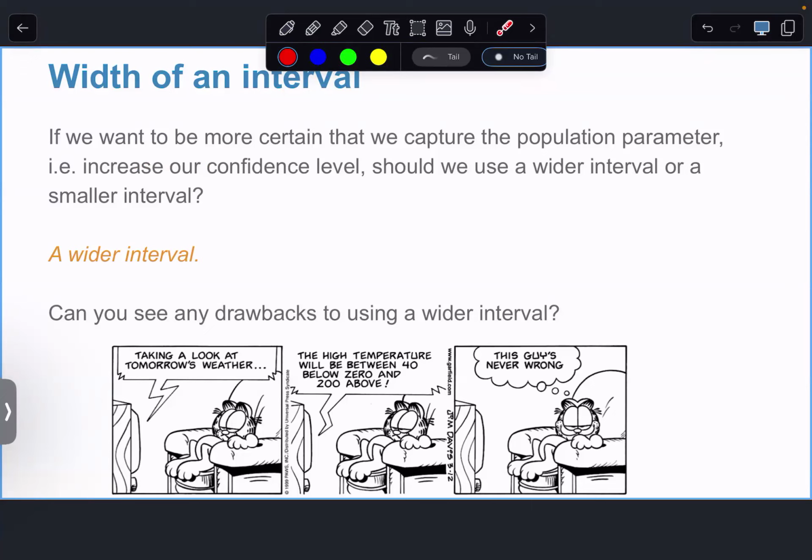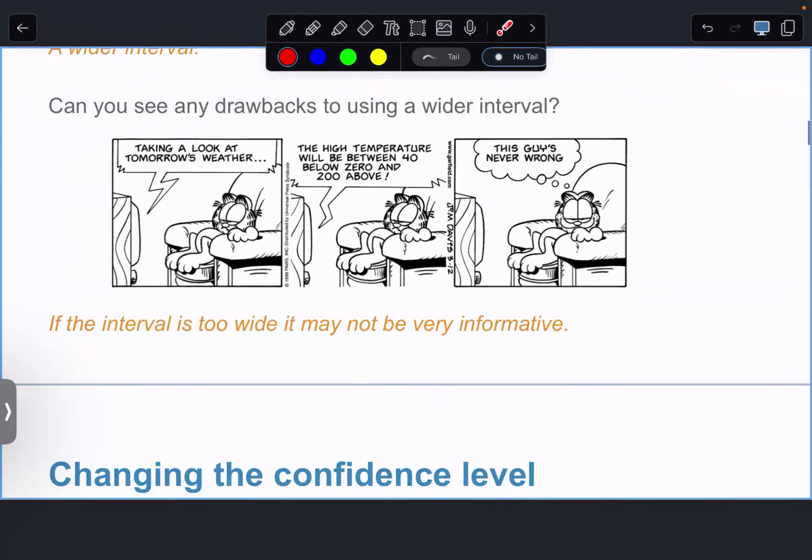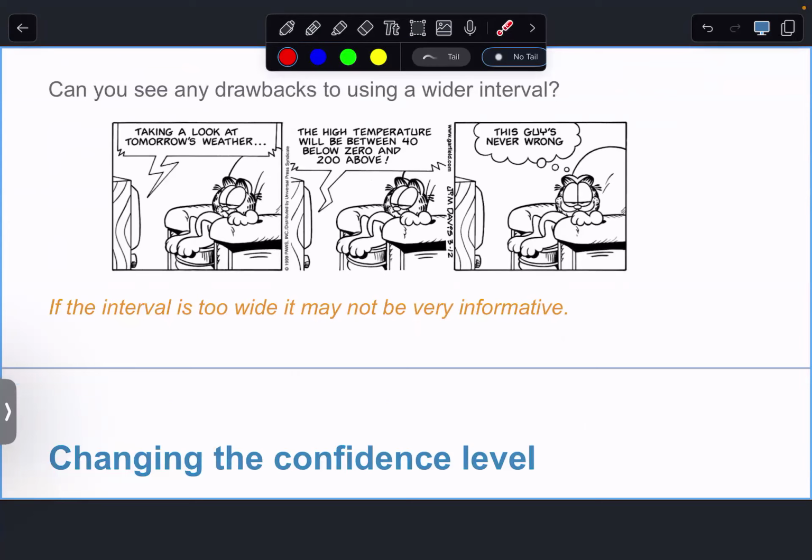We had that example where I tell you, okay, it's 4 kilometers to my house plus or minus 100 kilometers. You would say, oh, that's okay. How sure are you? I'm 100% certain. Not very useful, right? And so there's this trade-off between precision and confidence. Taking a look at tomorrow's weather, the high temperature will be between 40 below zero and 200 above.